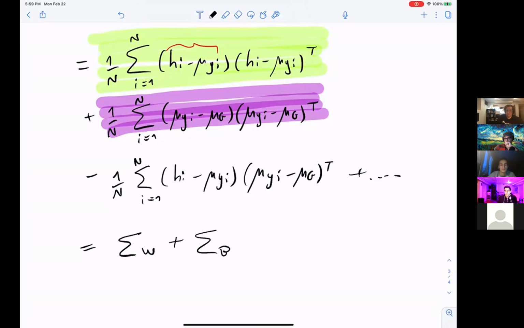And how about the cross terms? Does anyone have any thoughts about the cross terms? What usually happens with cross terms in life? Cancel out, they die. Exactly. So why would we ignore them?